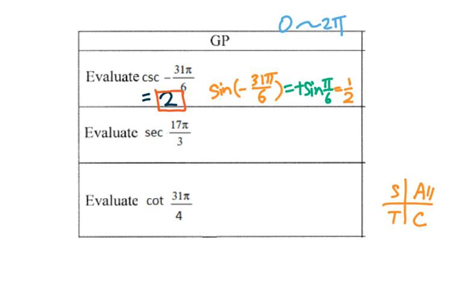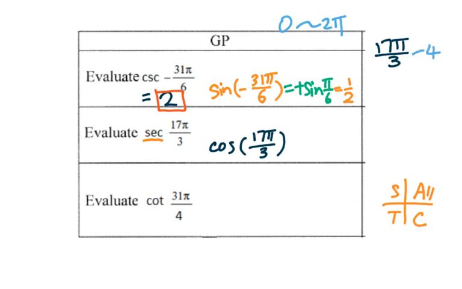Now, let's go to secant 17 pi over 3. This is a minor trig function. We need to change it into the major one, that's cosine 17 pi over 3. Then we can take the reciprocal of this value to get secant 17 pi over 3. So for 17 pi over 3, 17 divided by 3 is 5 point something.